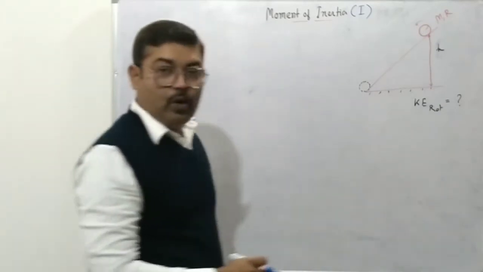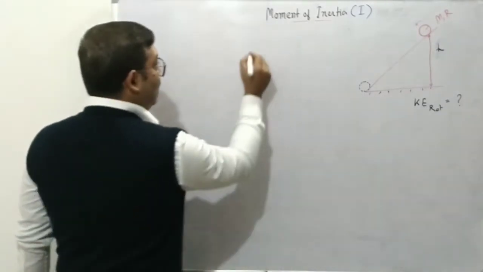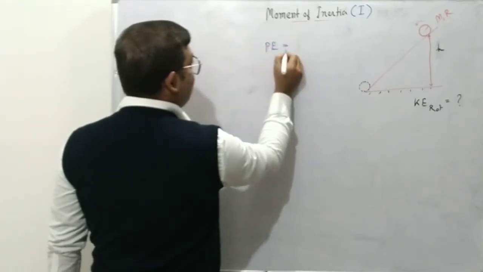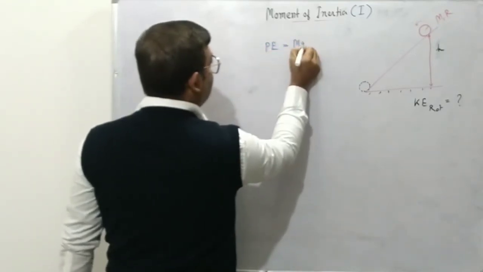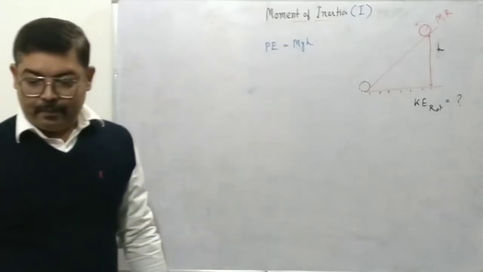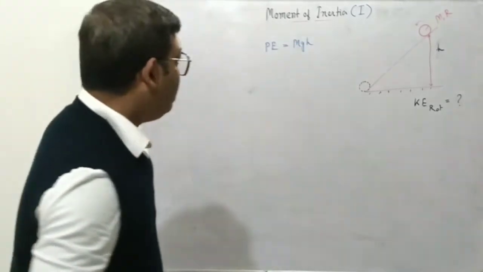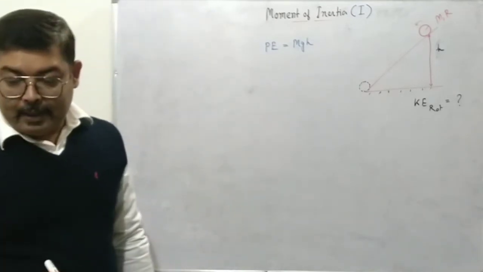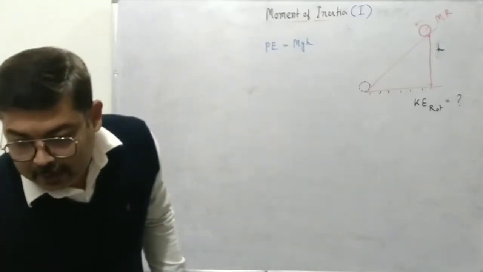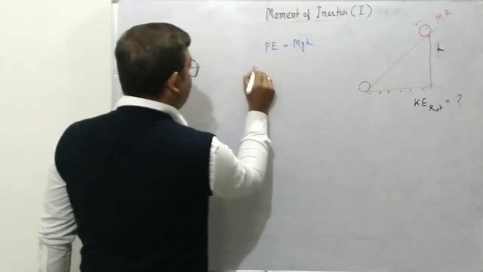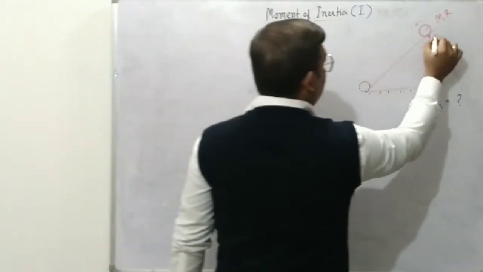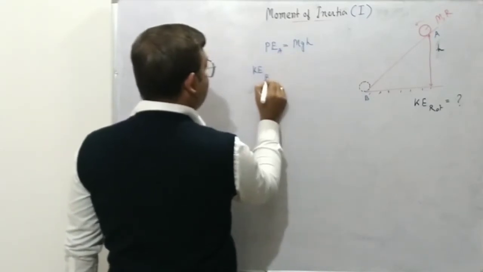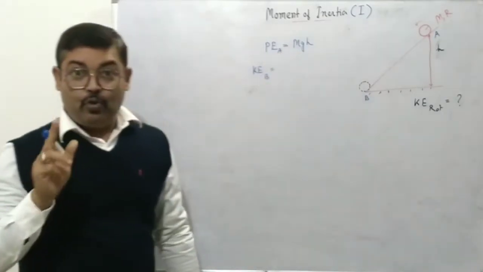So when it was at the top, the total energy was potential energy, equal to mg into h. When it reaches the ground, the entire energy becomes kinetic. Let's call this point A and this B. So potential energy at A and kinetic energy at B will have two components.